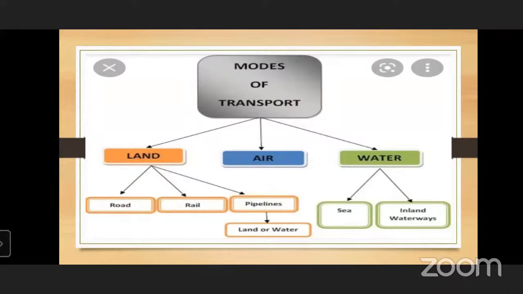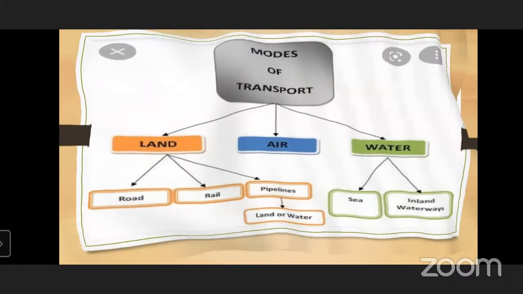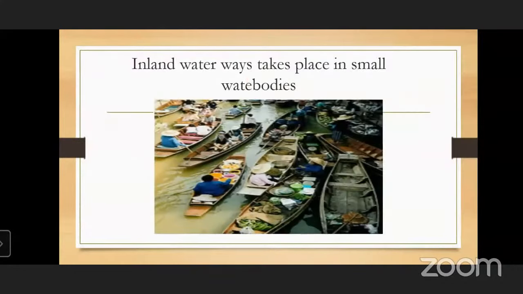Again, in pipelines there are two different types: one is below the land and one is under the water. We are not going to study these categories in detail, but the main important thing is that we have to see only landways, airways, and waterways. Okay, can anyone read this sentence?